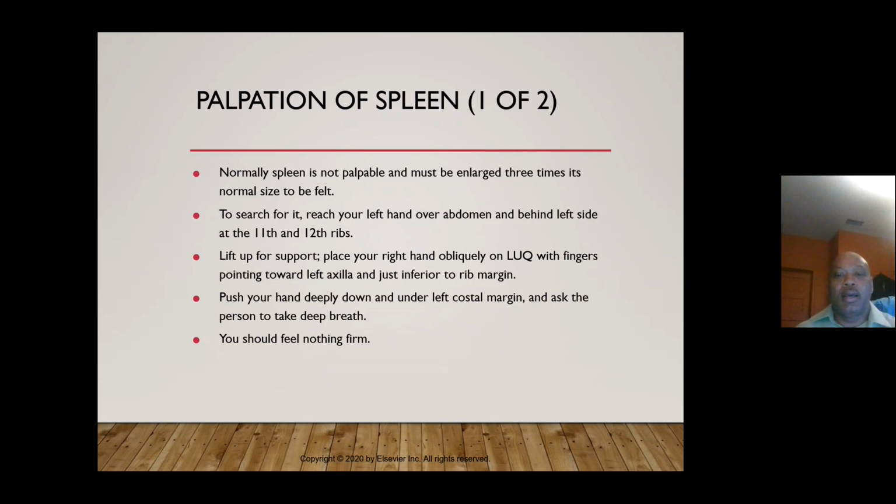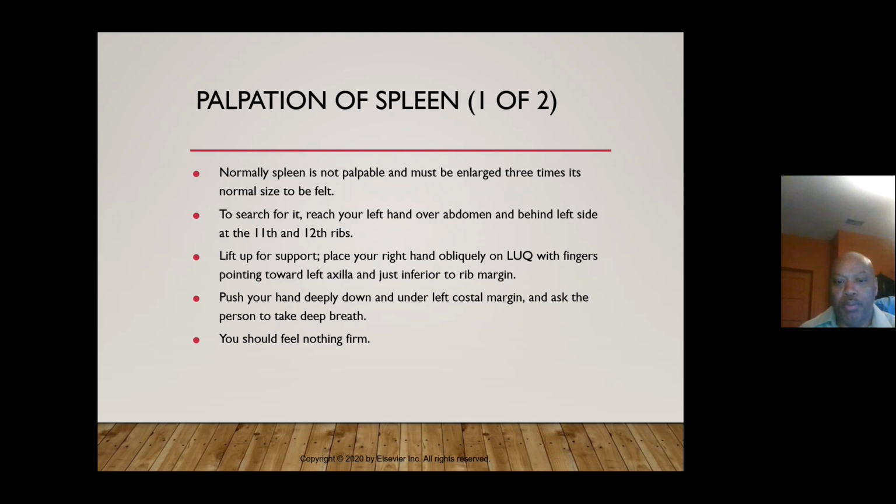Now, to search for it, you have to reach your left hand over the abdomen and behind the left side of the 11th and 12th rib. Then, of course, we lift up for support, and we place the right hand obliquely on the left upper quadrant with the fingers pointing towards the left axilla and just inferior or below the rib margin.